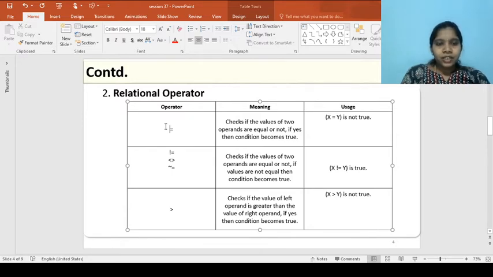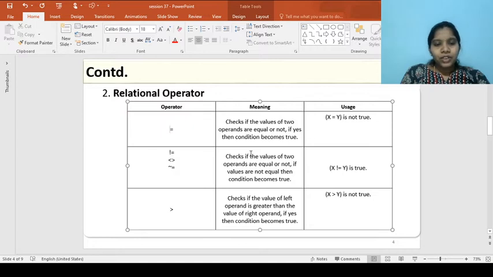The next type of relational operator is the not equals operator. This not equals operator is used to check if the values of two operands are equal or not. If the values are not equal, then the condition becomes true. In the other case, the condition becomes false.